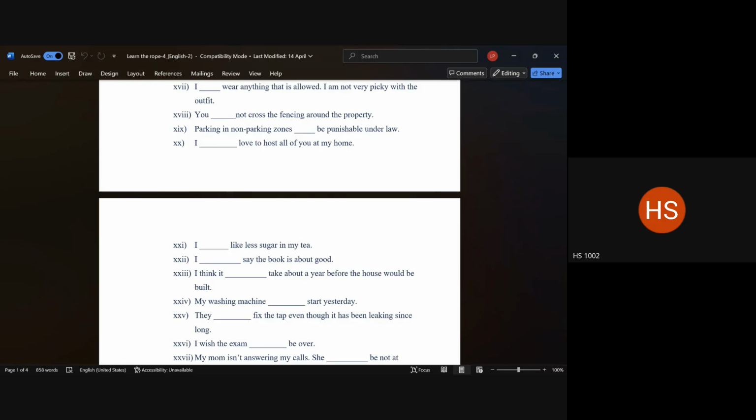No. Might be. Might be, yes. Might be punishable under law. So you can also say may or might. Both of them could go, with varying degrees of possibility. Can, again showing possibility, so can be punishable under law.